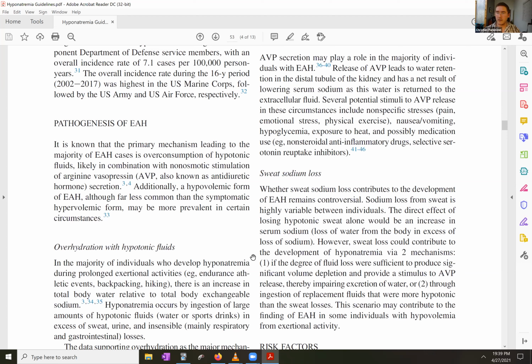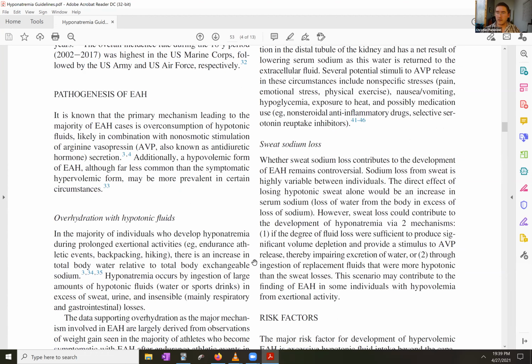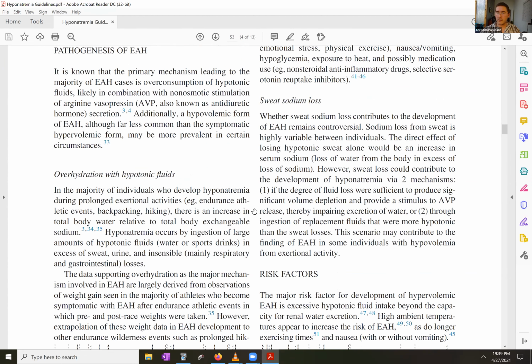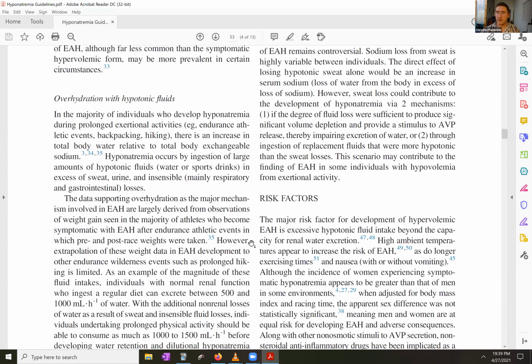Helping these people understand not to completely drown themselves with hypotonic fluids or just pure water, that they are causing their problem by hydrating. Everything's good in the right quantities, and so is water. So overhydration with hypotonic fluids was our major malfunction. Sodium sweat loss was controversial, highly variable between people.